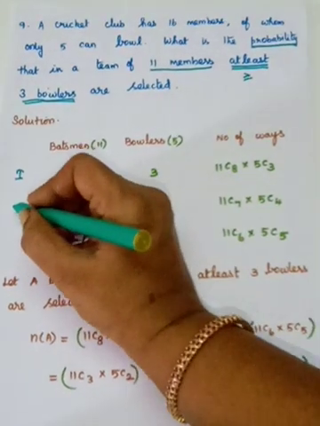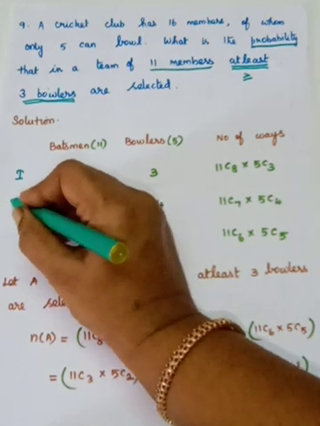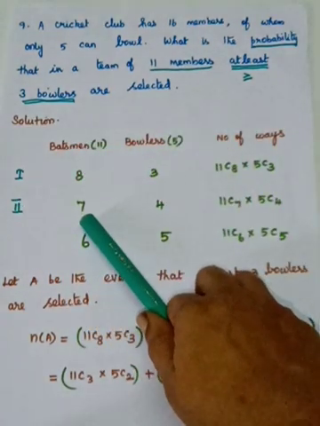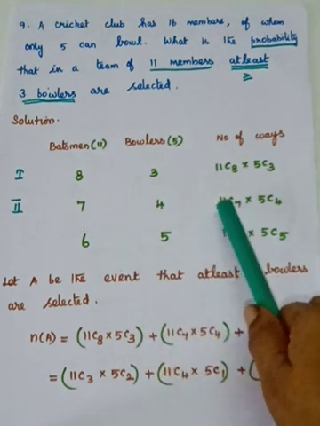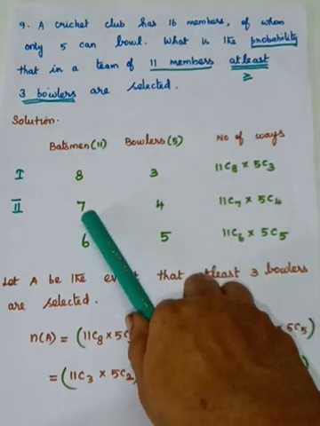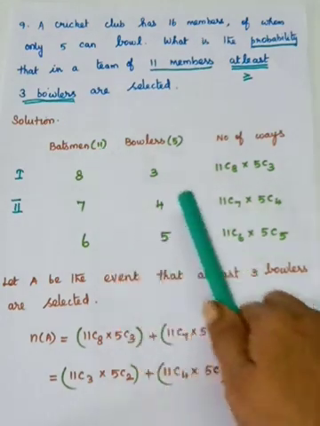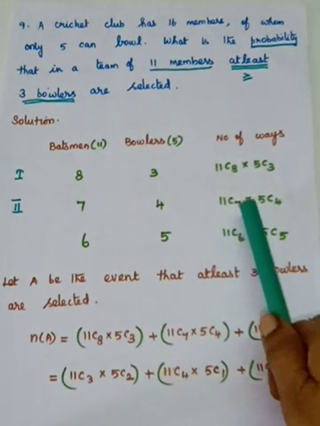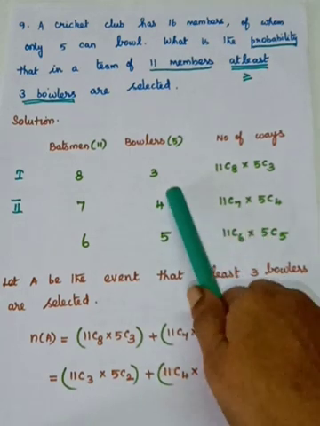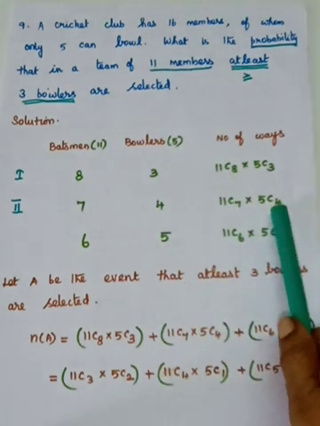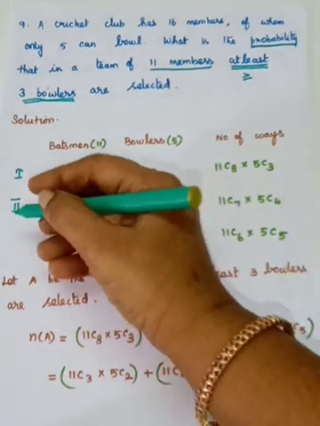Next, if you select 4 bowlers, how many batsmen do we have to select? 7 batsmen. So the 7 batsmen have to be selected from 11 batsmen, so 11C7 into 4 bowlers selected from 5 bowlers, so it is 5C4. This is the second case.